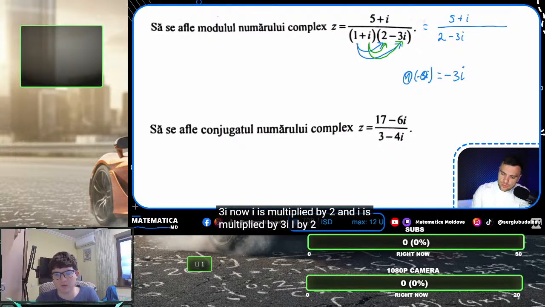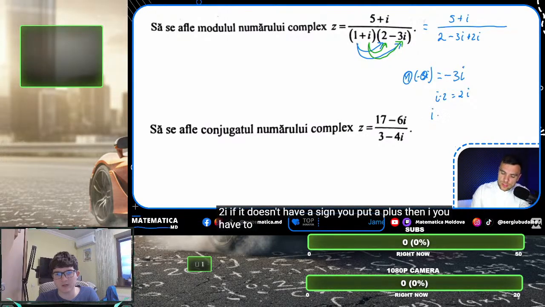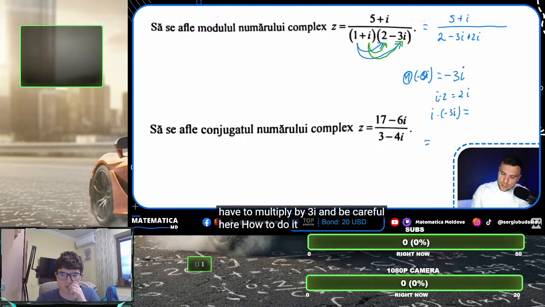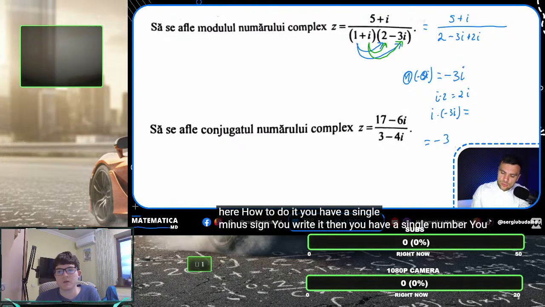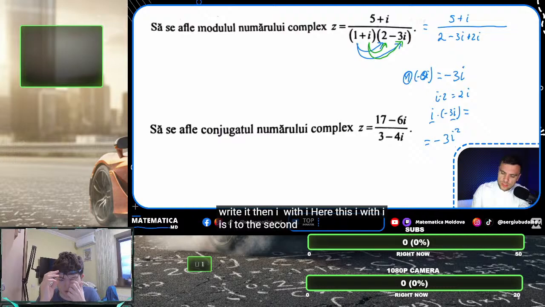Now it's plus I2 or 2i and minus 3i to the second power. You can see like the explanation below. Yeah, minus 3i to the second power.